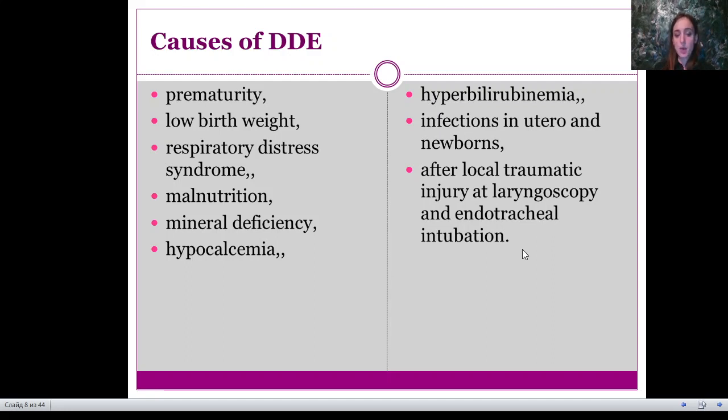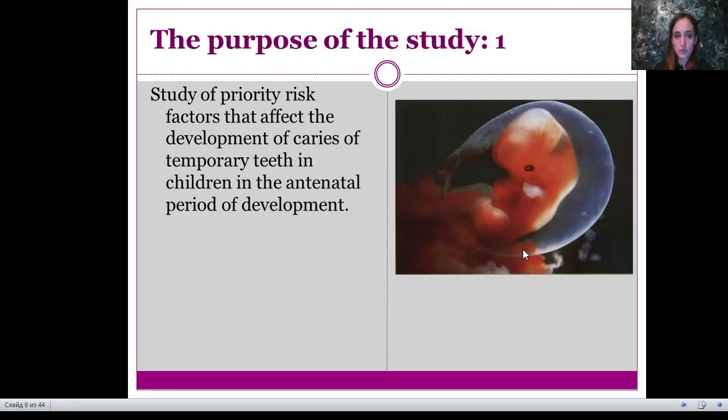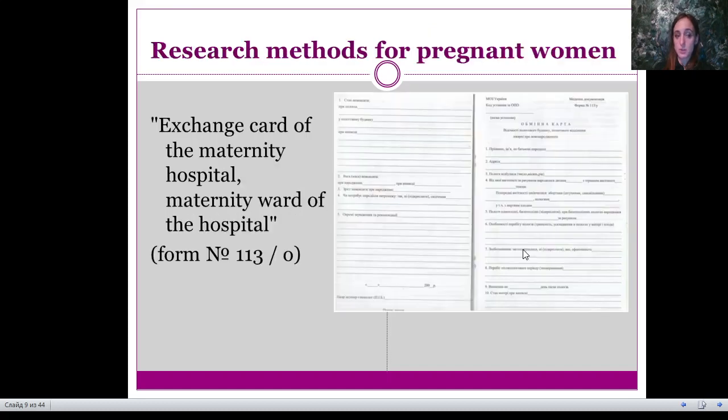Sometimes our patients have local traumas, and a big percent of them have infection in utero and as newborns. And we need to study the priority risk factors that affect the development of caries of temporary teeth in children in the antenatal period of development.